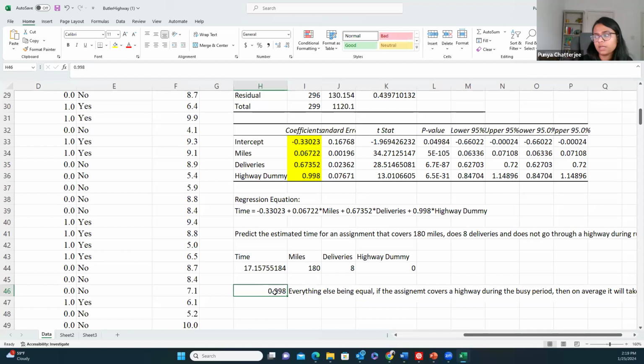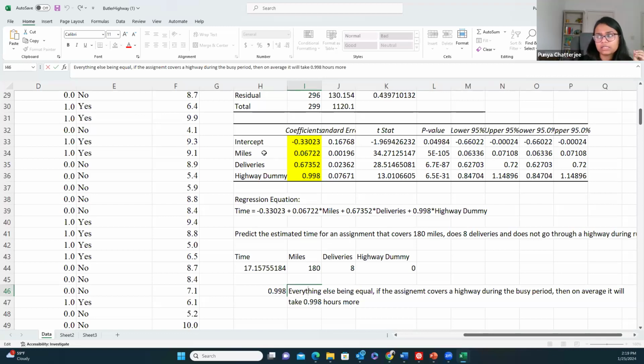So in this case, you're explaining the coefficient of highway dummy. So you have to say everything else being equal, meaning that miles and deliveries stay the same, right? In that case, if your assignment covers a busy period highway, then on average, you're gonna take 0.99 hours more to finish the assignment. Okay, makes sense?